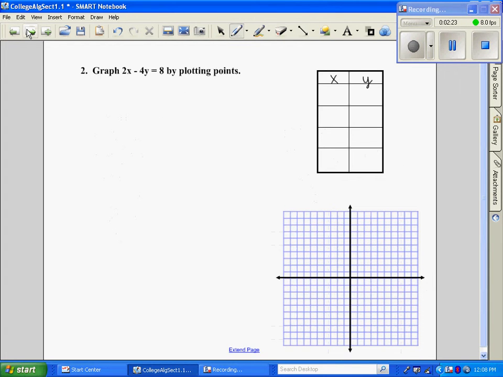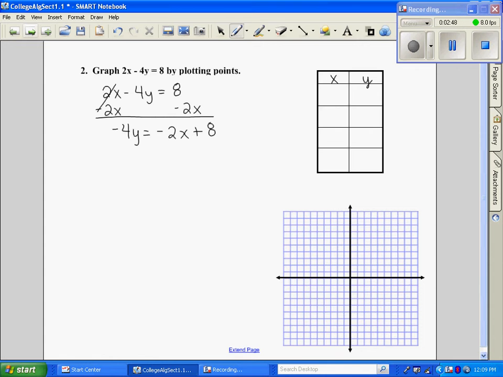Next, they will ask you to graph by plotting points. In this method, we want to solve for y first, so we take our original equation, and when we want to solve it for y, that means we want y on one side and everything else on the other. So we're going to start by subtracting 2x and moving it to the other side. Bring down negative 4y.